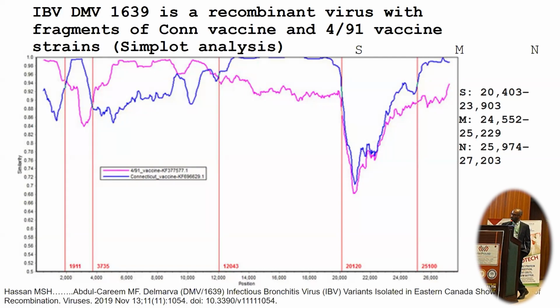And also you can see that some of the segments towards the 3' end, which is coding for the N, are also coming from the Connecticut vaccine. At this point, I need to tell you that in Canada there are vaccines, but it's mainly the Mass and the Connecticut, only 2 serotypes, but multiple serotypes of field virus are present.